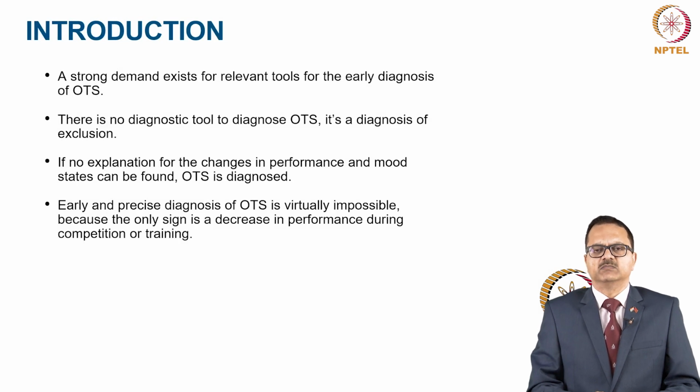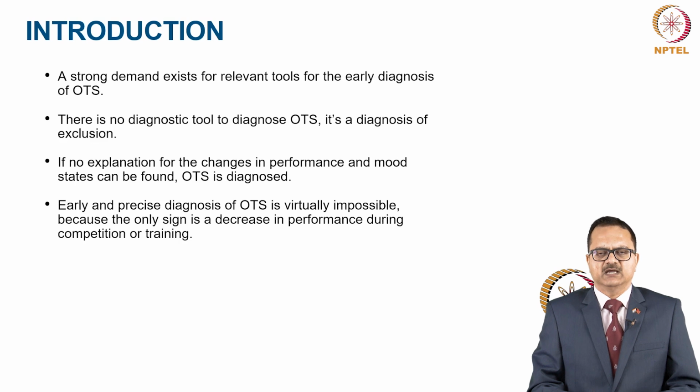There is a strong demand for relevant tools for the early diagnosis of overtraining syndrome. There is no diagnostic tool to diagnose overtraining syndrome. Unfortunately, it is a diagnosis of exclusion, because if no explanation can be found for the changes in performance and mood of the athlete, overtraining syndrome is diagnosed.